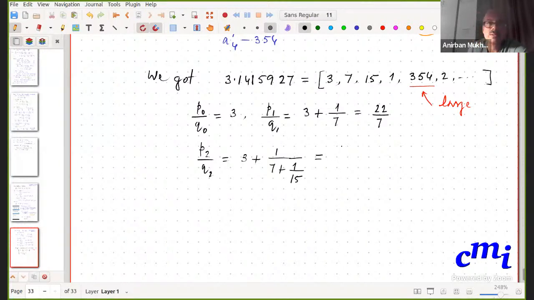So what you get is 333 by 106. And P3 by Q3, if you calculate the next one, it's going to be 355 by 113. This is actually a very good approximation to pi.